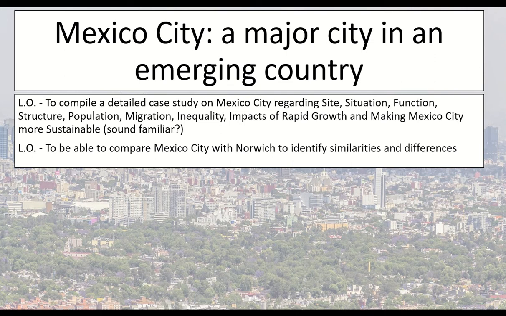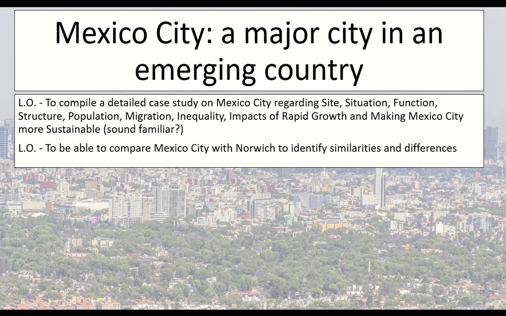Where you're saving time is that you already know the definitions for a lot of the terms you'll be faced with when compiling your case study: site, situation, function, structure, migration, population, inequality. Because you know those terms, you don't have to spend time refreshing your memory, and therefore it doesn't need as much taught lesson time.